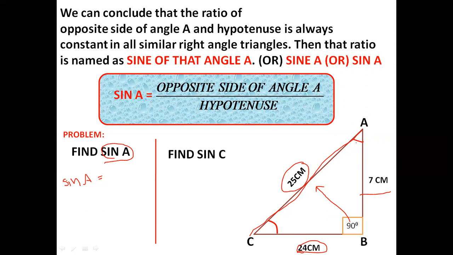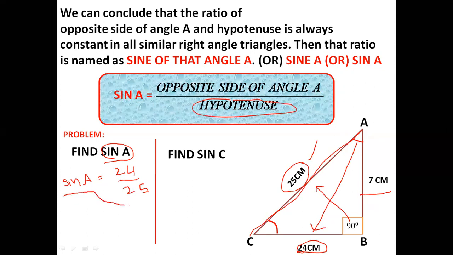What is the opposite side to the angle A? That is 24. And what is the hypotenuse? 25. So in this right angle triangle ABC, sin A is 24 by 25.